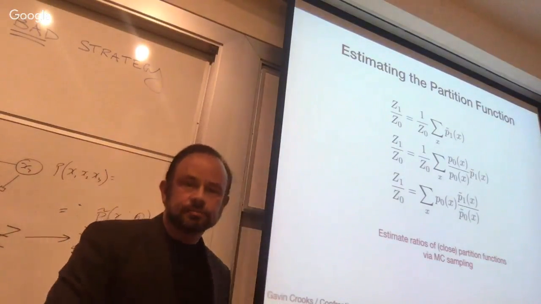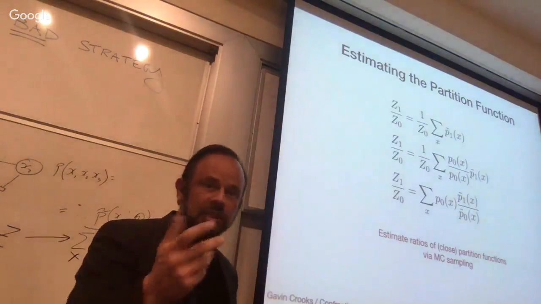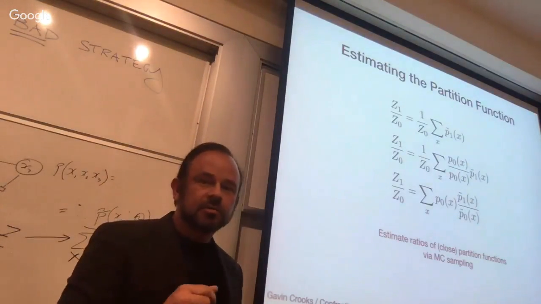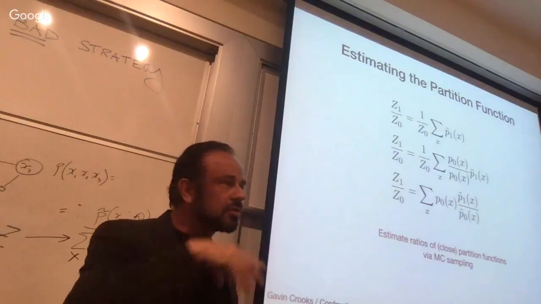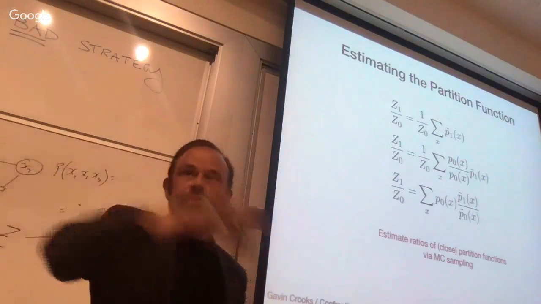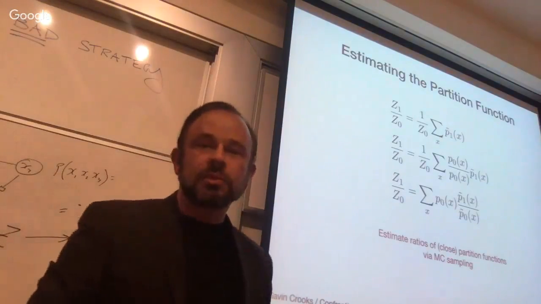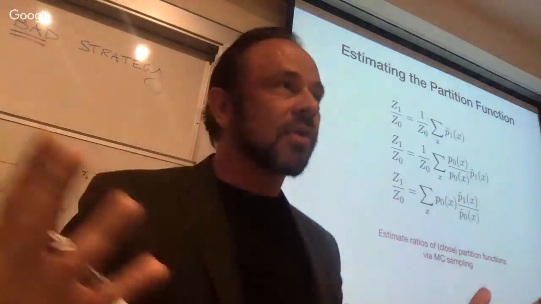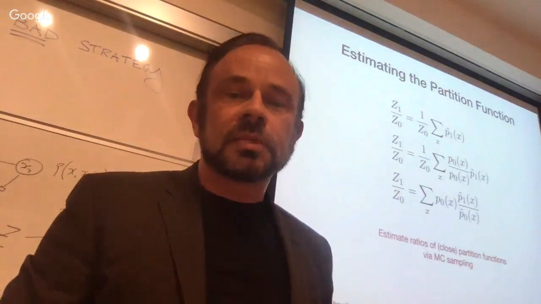So the trick is, how do I evaluate these ratios? Assuming your two models are not too far apart, which basically means their probability distributions have good overlap, then we play the following trick. We write down the ratio.